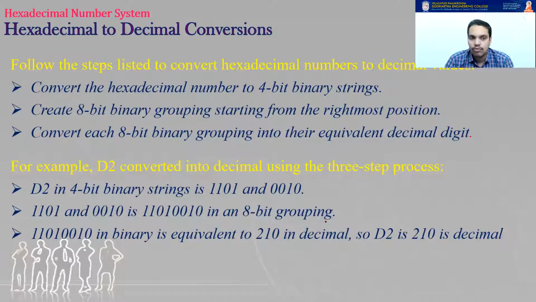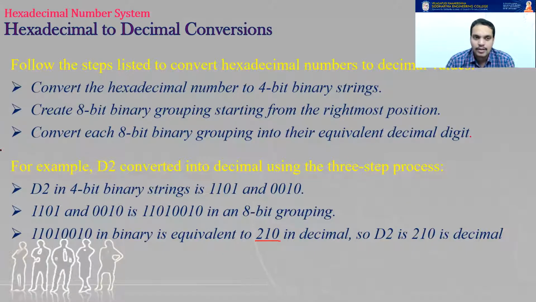Combine them together, 11010010, and then apply the same thing we discussed at the start of the module: write powers of 2 on top. Then you will get 210. So D2 is written as 210 in decimal.